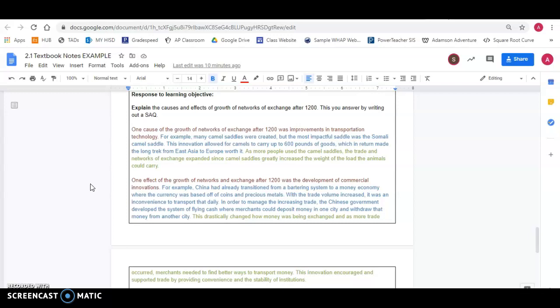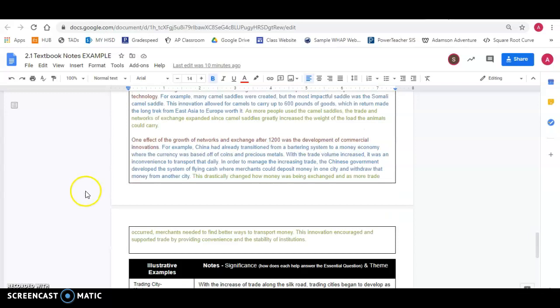In order to manage the increasing trade, the Chinese government developed the system of flying cash, where merchants could deposit money in one city and withdraw that money from another city. This drastically changed how money was being exchanged. As more trade occurred, merchants needed to find better ways to transport money. This innovation encouraged and supported trade by providing convenience and stability of institutions.